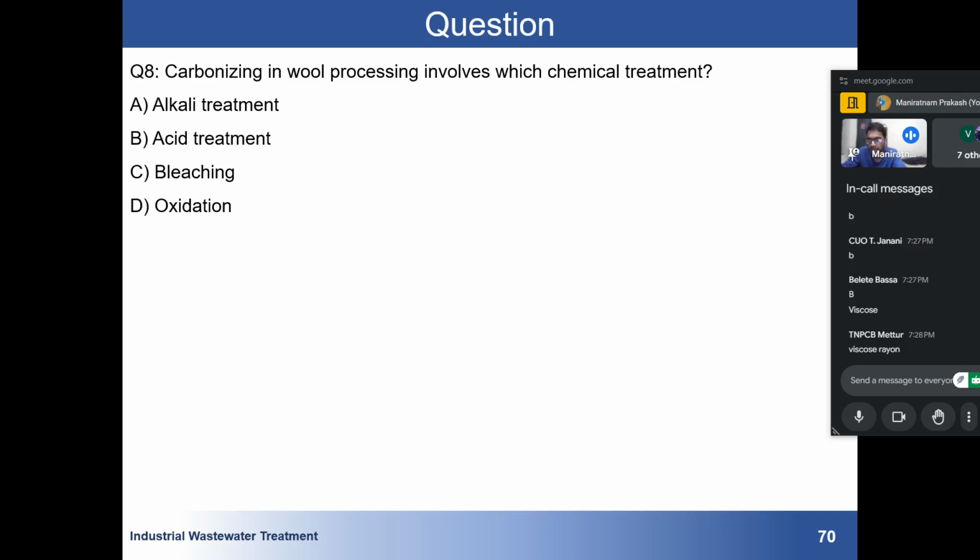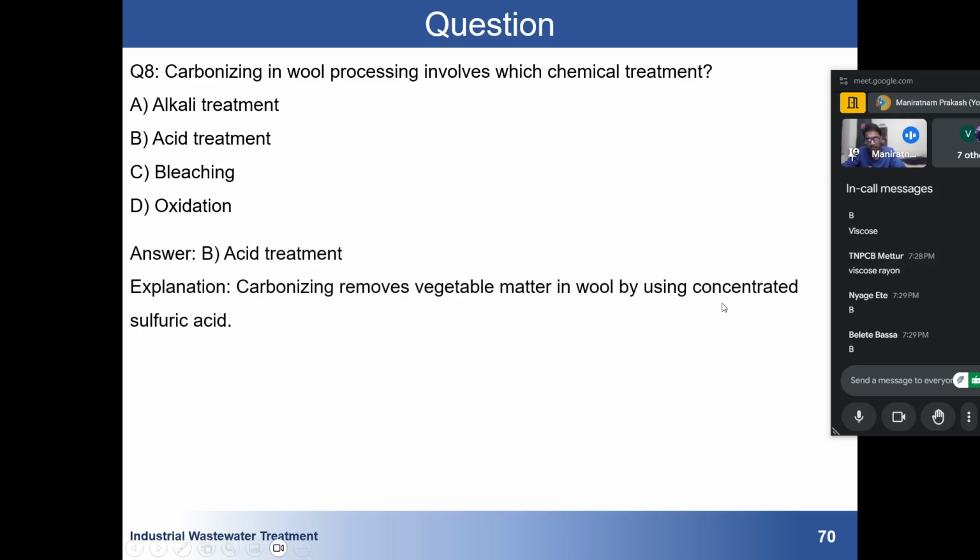First, remember what carbonizing is. The carbonizing definition itself suggests what we have to do. So the answer lies in acid treatment. Yes, correct. Acid treatment. Why concentrated sulfuric acid? Remember, we have to remove the extra material; if something extra is there, then we can remove it.